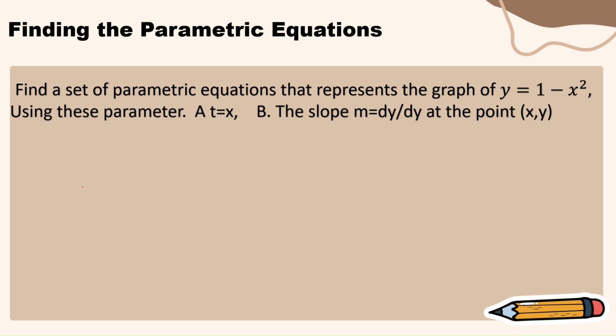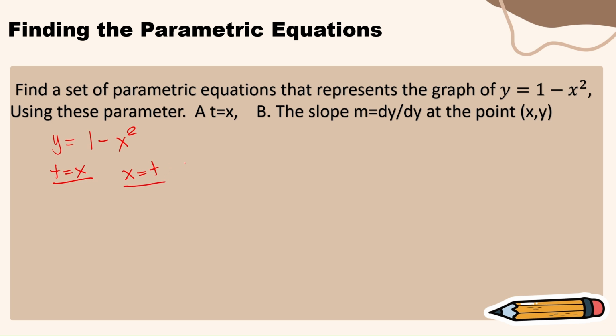So, our rectangular equation that is given to us is y is equal to 1 minus x squared. And we are going to use this parameter that t is equal to x. Since t is equal to x, we can say that x is equal to t.